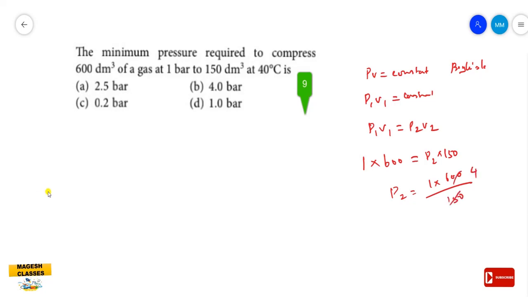So this is 6 bar. The answer is B. It is a simple concept based on Boyle's law, P1V1 is equal to P2V2. Three values are given, so you can find the other value at constant temperature. It is very important: at 40 degrees Celsius, P1V1 is equal to P2V2.